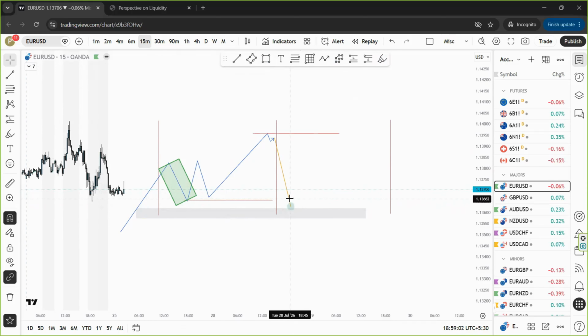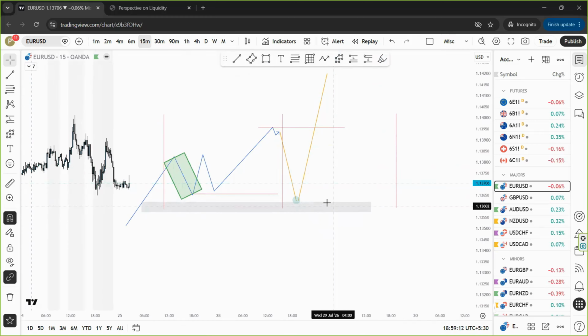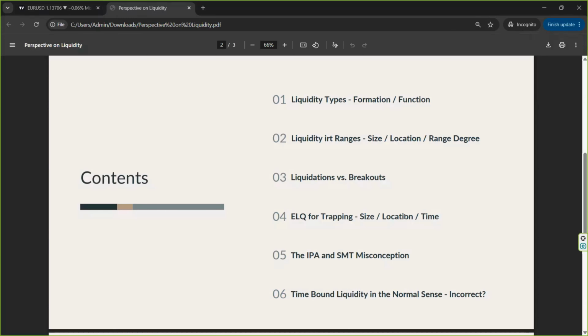So for example, if this is going to be a monthly low, then the amount of liquidity that you need to support a monthly move is going to be significantly higher than if this was a sessional low. So the amount of liquidity present should match with what you are trying to trade. The larger the expected move is, the larger the pool of liquidity you need.